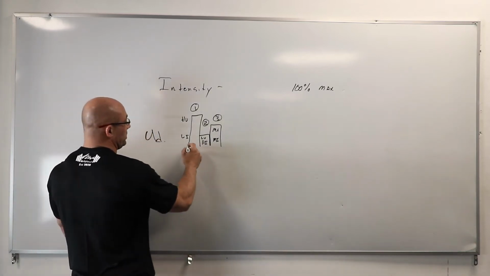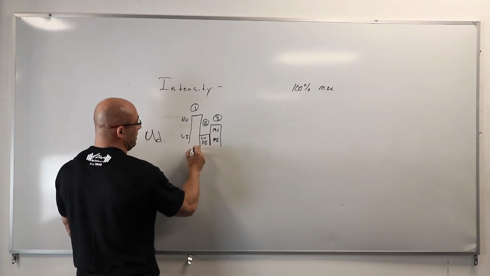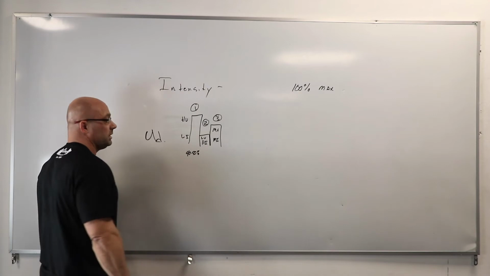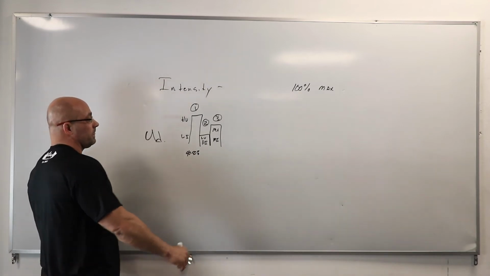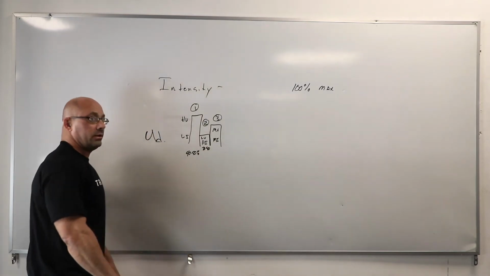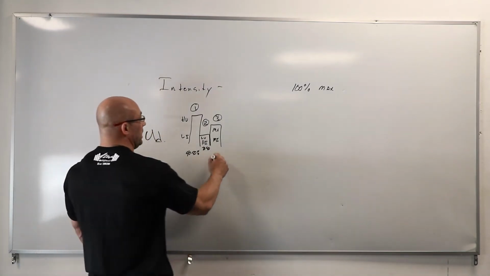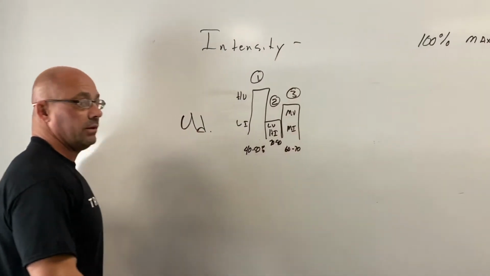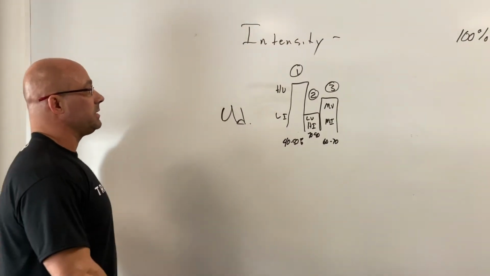The low intensity would probably be roughly around 40 to 50 percentile here, the high at least above 70 to 80 percentile here, and then a medium would be 60 to 70 percentile here. That would be an undulated intensity.